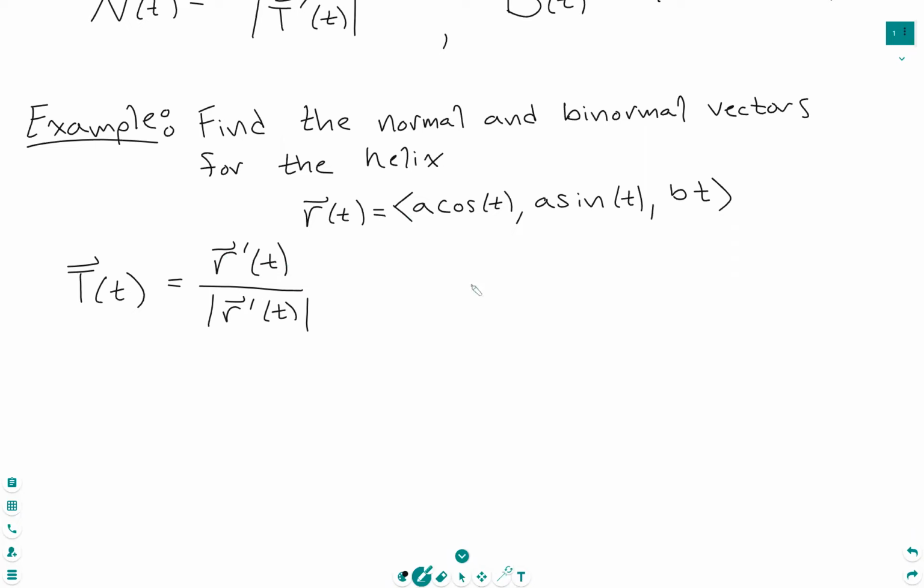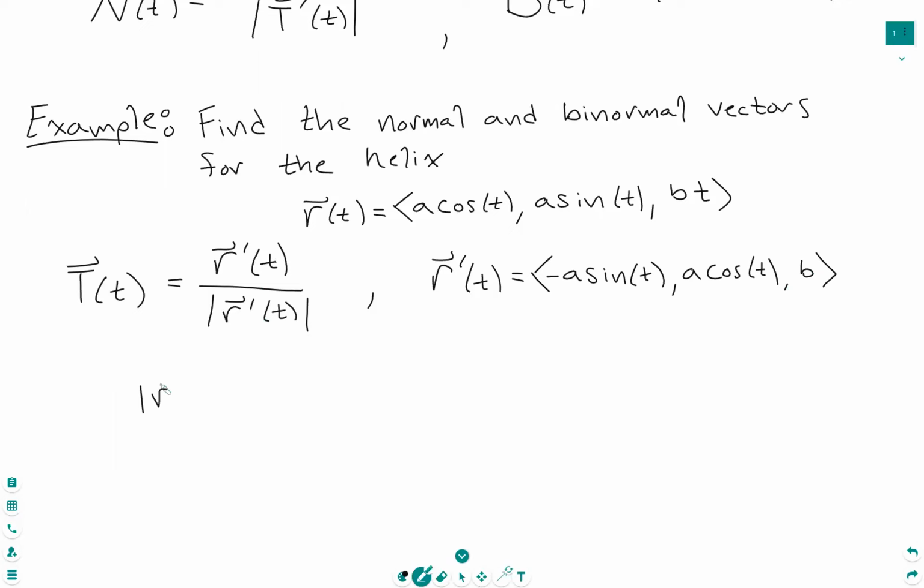So we're going to need this r prime. Well, r prime of t, we differentiate our parameterization for the helix. We get negative a sine of t, a cosine of t, and b. So we also need the magnitude of this vector to form the unit tangent vector.